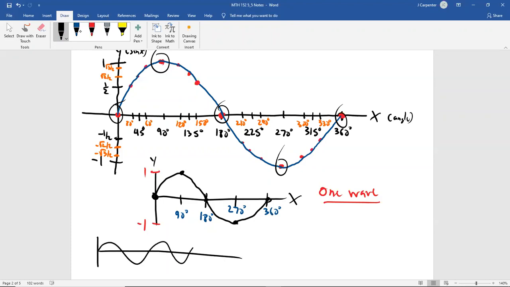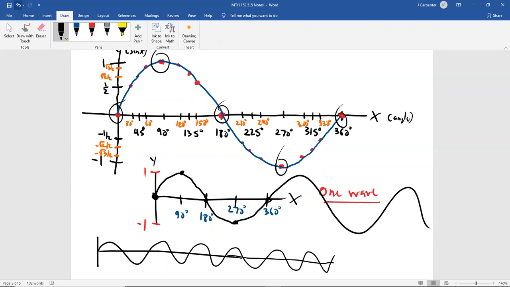All I'm showing so far is just one waveform, and these might not be perfectly symmetrical because I'm using a tablet that I'm flying blind with, essentially. So they started out a little wider and got a little narrower. But it's just the same wave over and over. I could keep going, same heights, same distances to get to the next crest or trough, or peak or valley, whatever you want to call them.